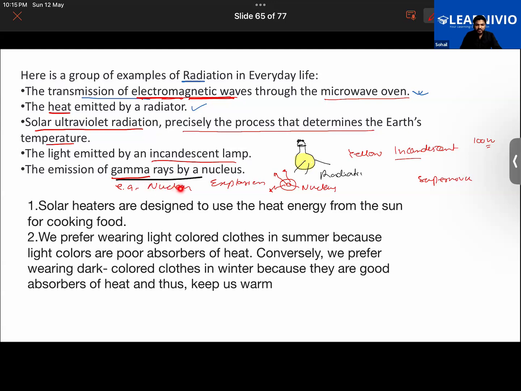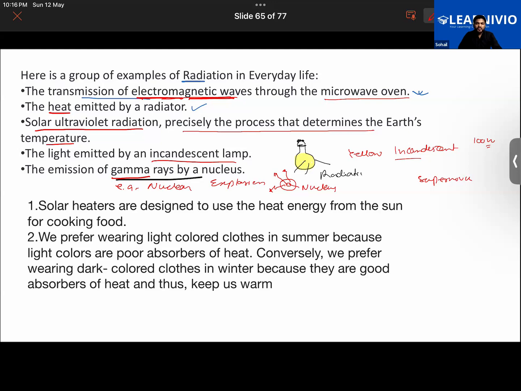Priyanka, see basically what happened. You know about nuclear explosions. You had different types of nuclear weapons. Whenever a nuclear weapon is exploded, it will release lots of heat. The temperature can reach tens of millions of degrees whenever there's a nuclear explosion.